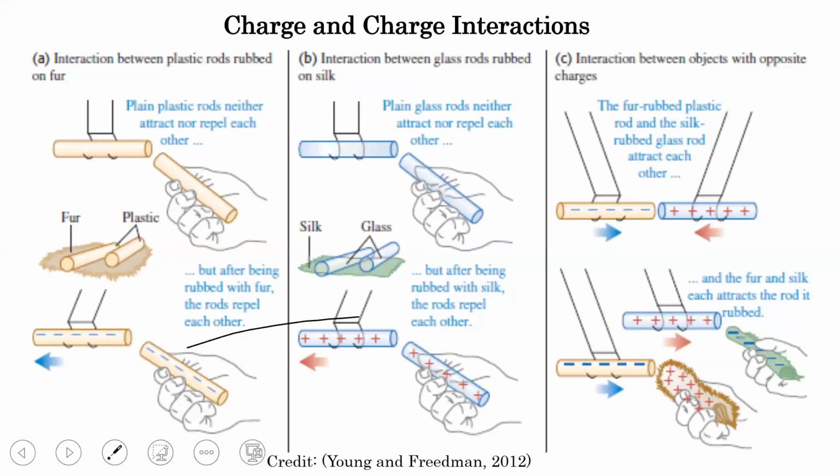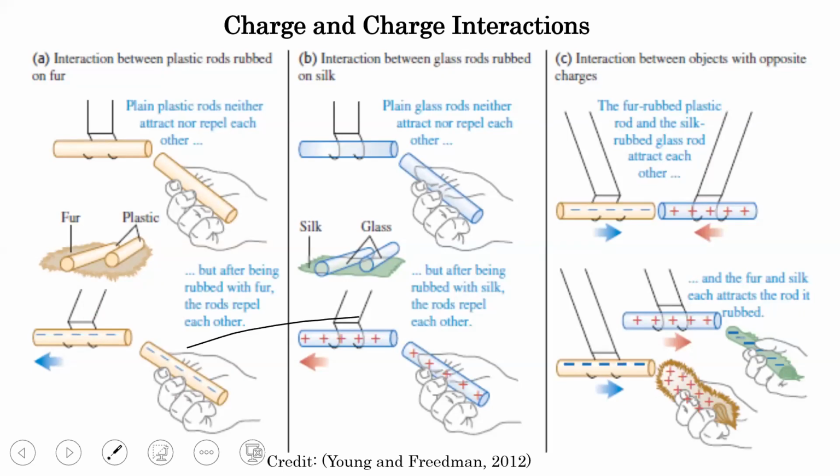They no longer have an equal number of protons and electrons. They now have more electrons than protons, so their net charge is negative. For that reason, the plastic rods will repel each other. So that's for this scenario.